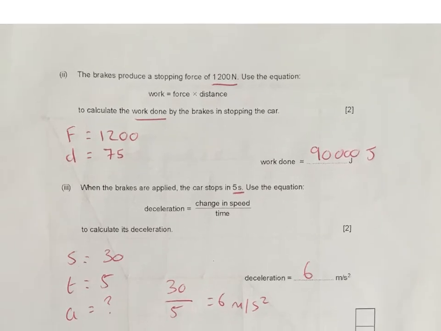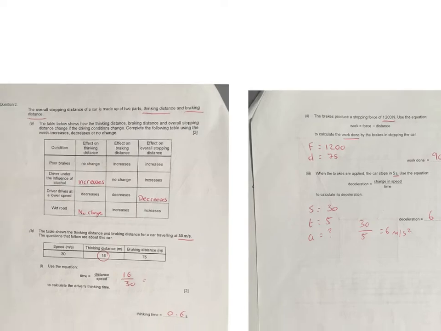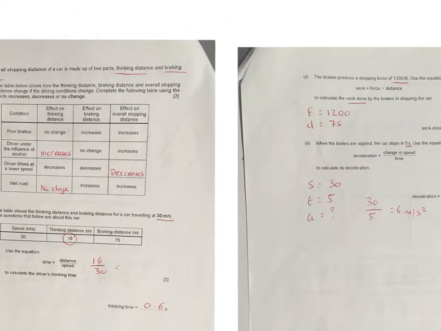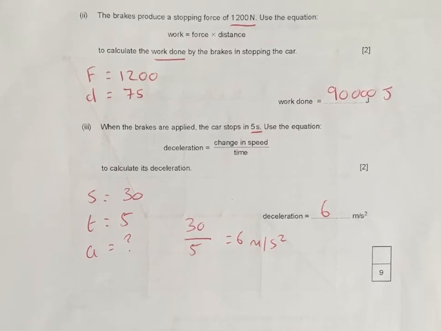The brakes, so this is the same question. We haven't done forces yet, but work equals force times distance. It's giving you the force, which is 1200, and the distance we can get from the other page, which is 75 braking distance there. So that's what I'm using to give me the work done on the brakes, because obviously it's braking distance, so we're referring to brakes there.